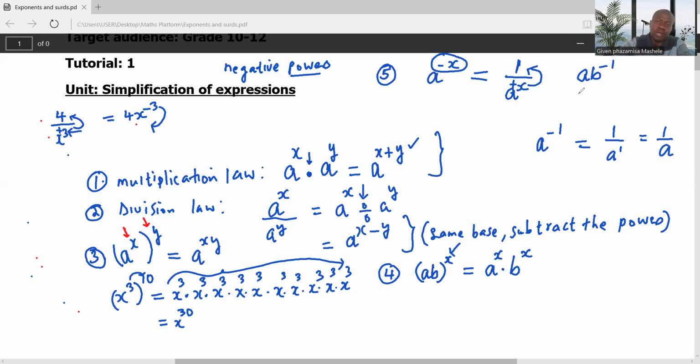Sorry, which one is having a negative exponent? It's the b. The a has a positive exponent. It means we do not have to change that. So to change this to have a positive exponent, we remain with the a here, and we divide by b raised to the power of 1, which is just the same as a divided by b.